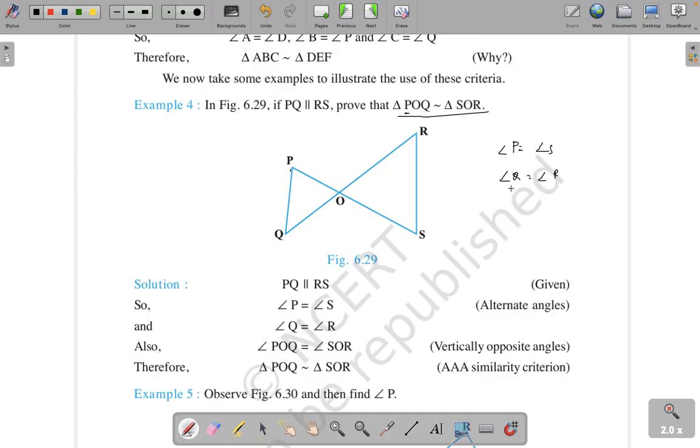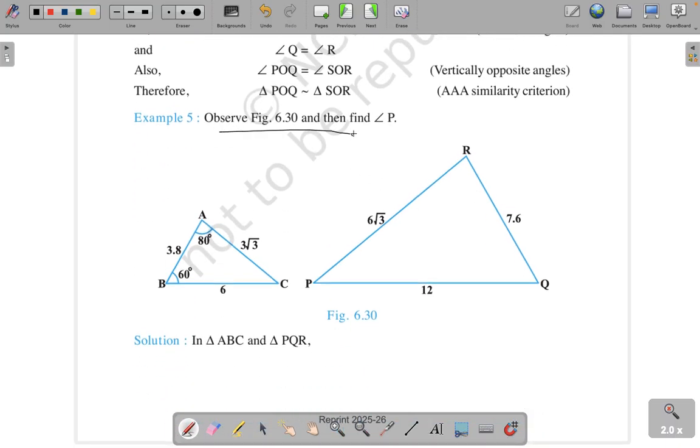By which criteria are they equal? Vertically opposite angles. So which means all three angles are equal, which means this satisfies the AAA criteria of similarity, which means POQ is similar to SOR by AAA similarity criteria, right?